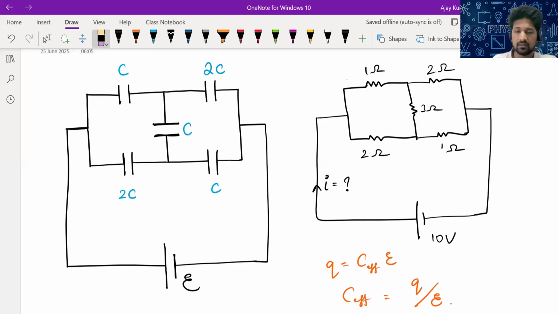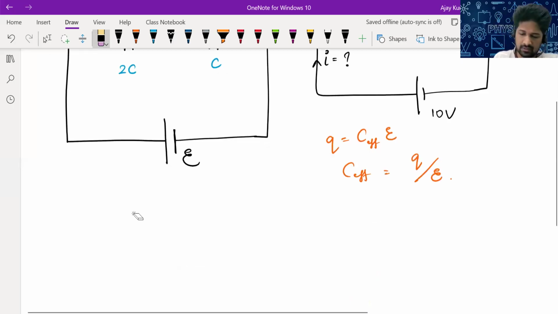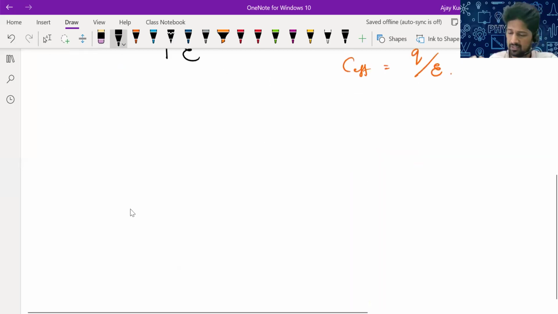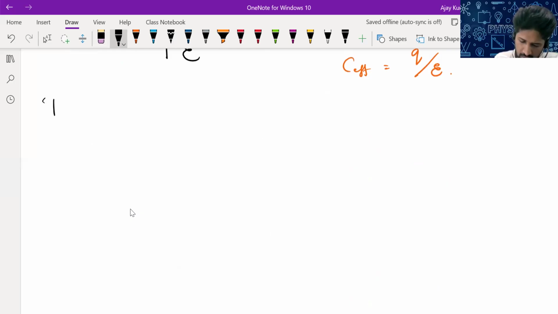Now, in order to find out the total charge flown through the cell, you will have to apply KVL, KCL to this circuit also. Now, to apply KVL, you need to know how to express the potential change across resistors, batteries, and capacitors.